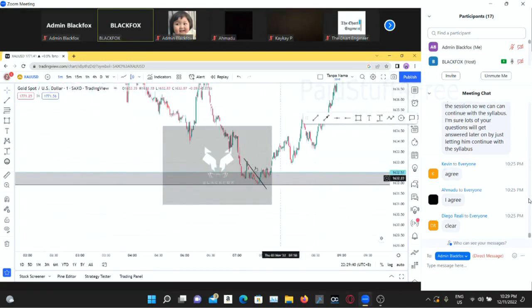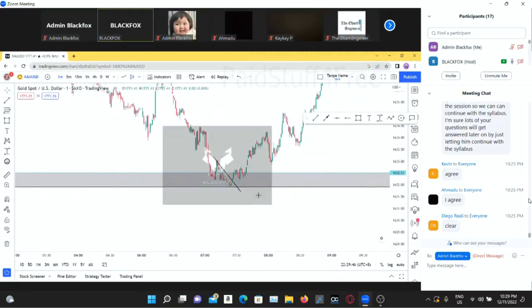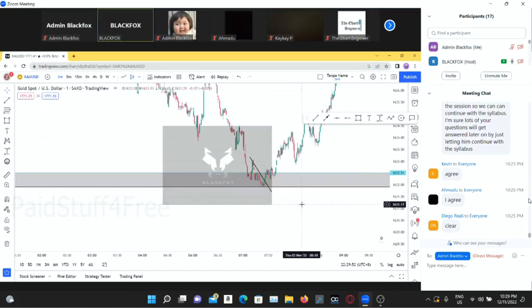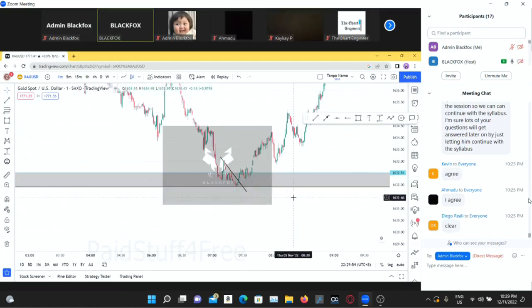Is that clear for confirmation? Breakout structure, breakout trend line, candle close outside this trend line. We see this one breakout, so we just instant buy. This is for instant.